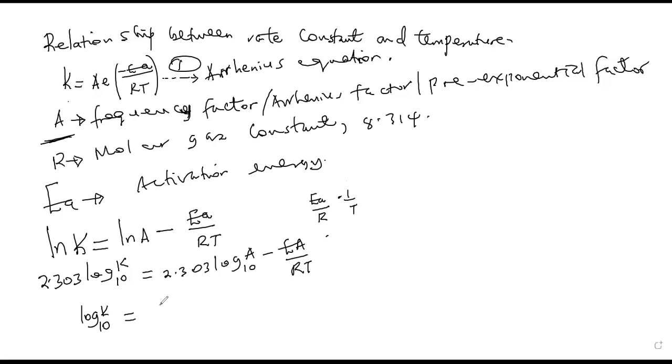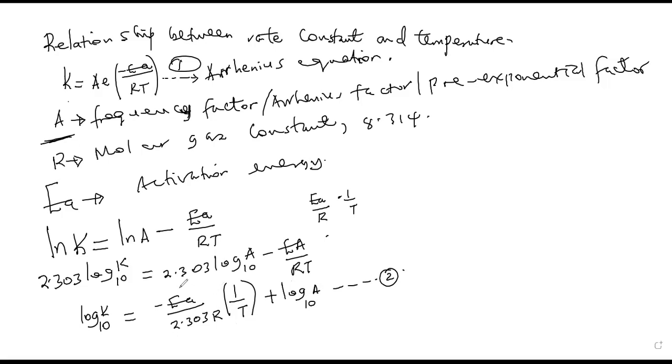So I can split it so that I get minus EA over 2.303 R, then 1 over T, then of course plus log 10 of A.